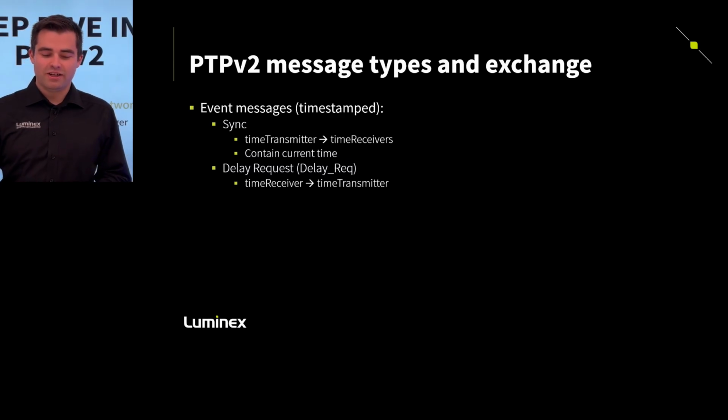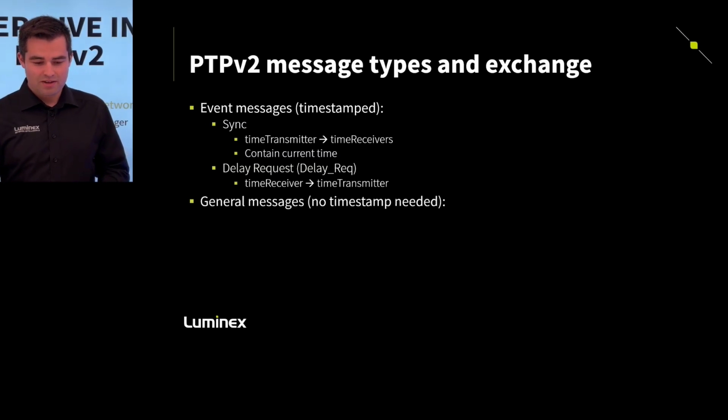Next is the delay request message that goes from the time receiver to the time transmitter. And it's basically a question, a method to measure the current delay from the transmitter to the receiver and the other way around.